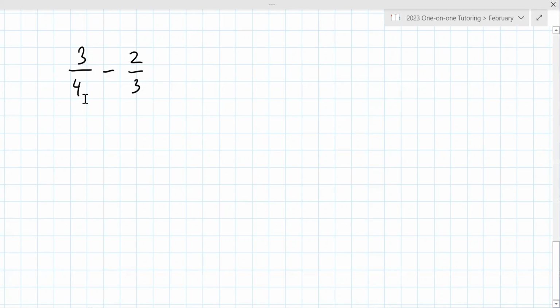Yes, they're unlike denominators. 9 over 12 minus 8 over 12 is 1 over 12. Yes, it's 1 over 12. Very good.